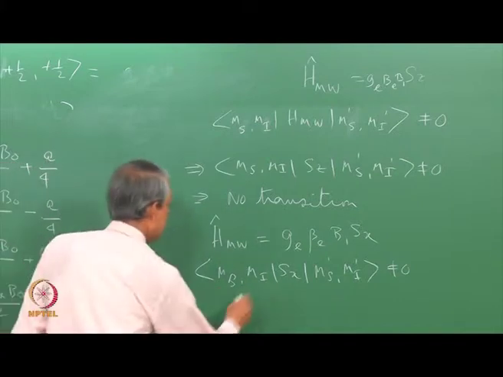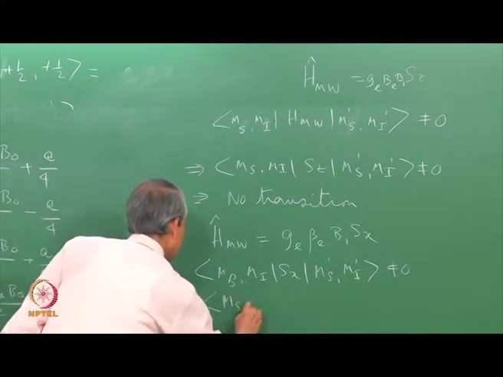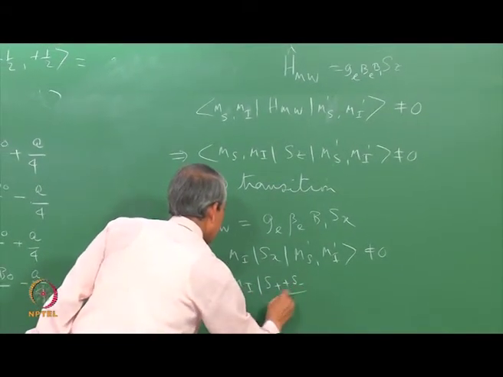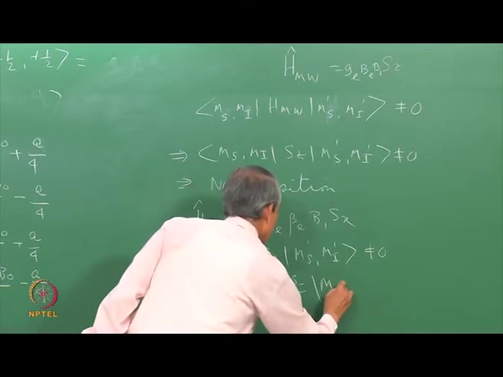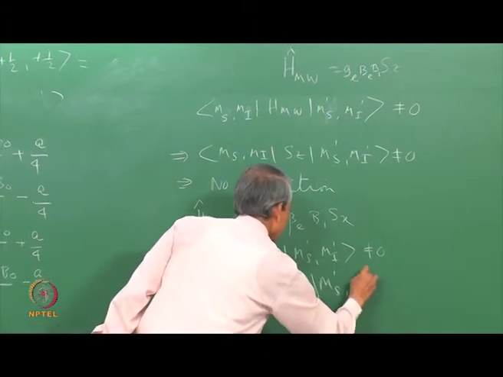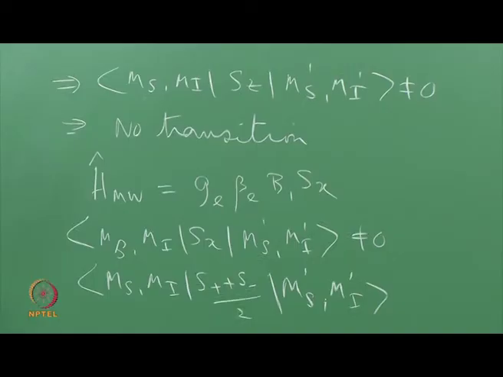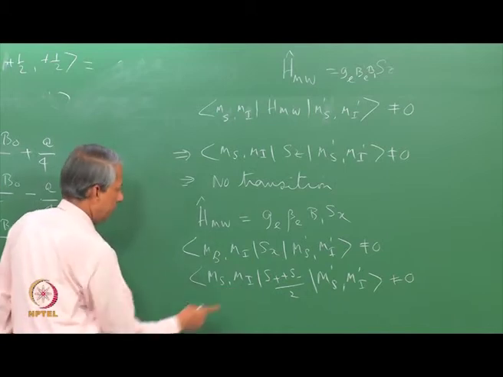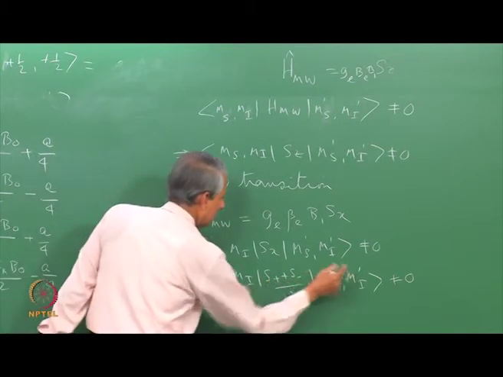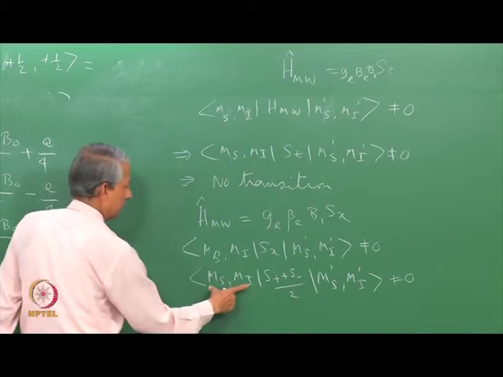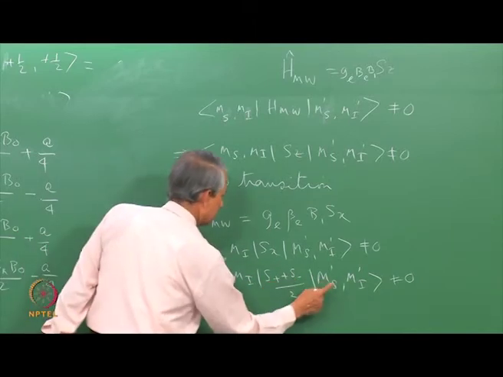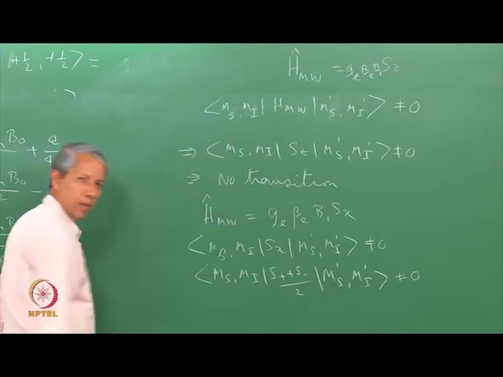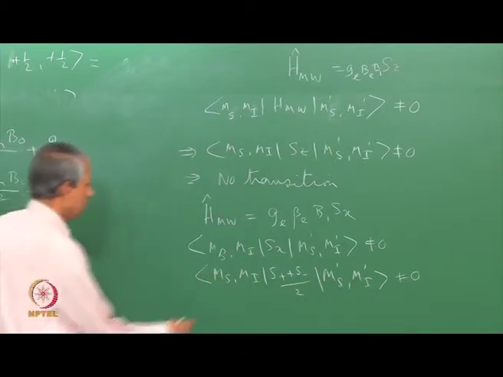Now, I can write S_x as (S_plus plus S_minus) by 2, the raising and lowering operators. This can be non-zero if this operating on this gives a function which is the same as this one, and what is more, the nuclear spin part is not involved in this integral.